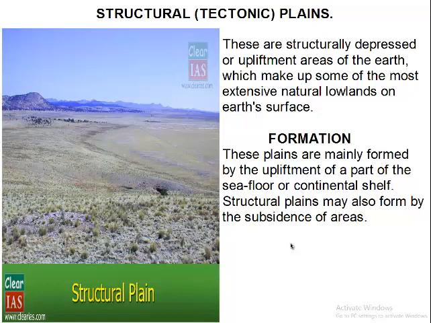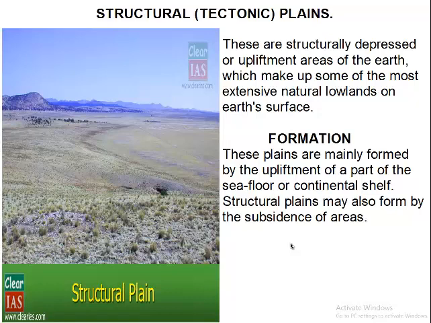What we are saying is that it is a depressed lowland or an upliftment of a place on the Earth's surface. And this is done as a result of tectonic movement, that is, whether plates compress or diverge.